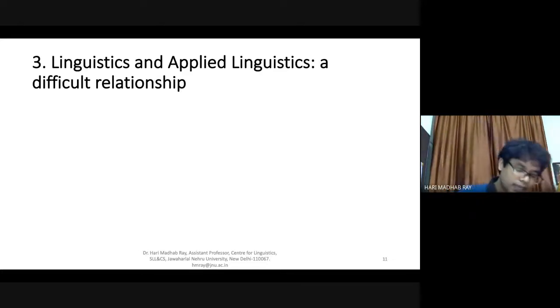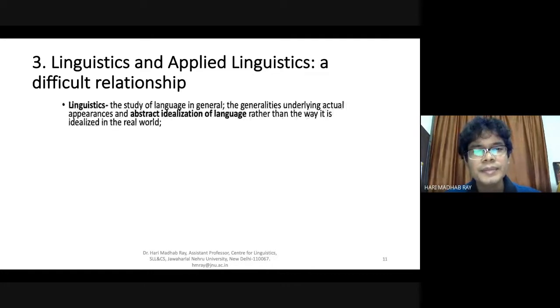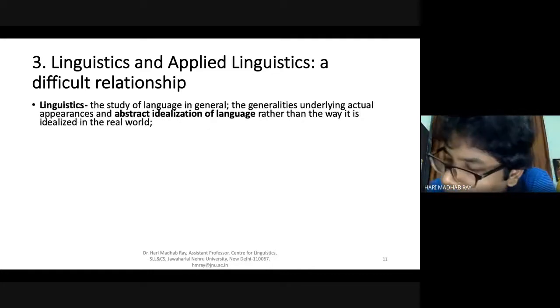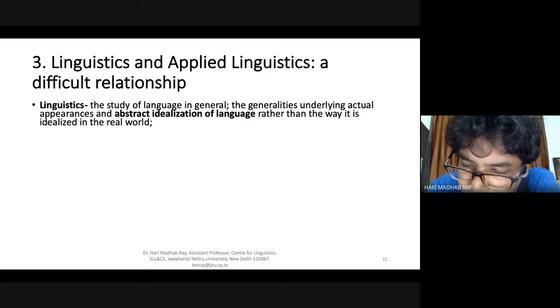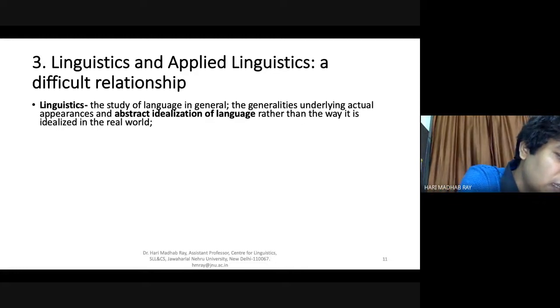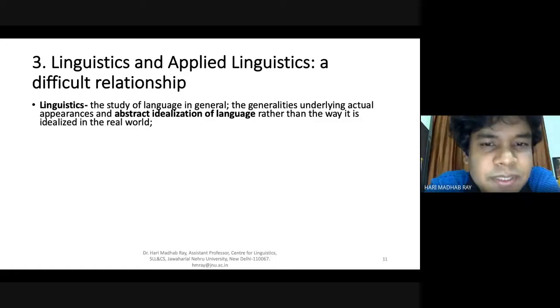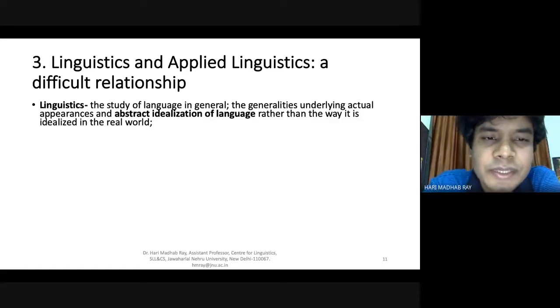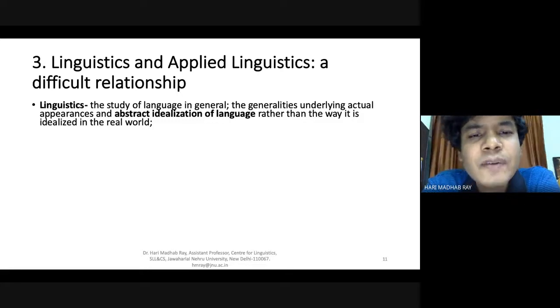Now, moving to the next topic, linguistics and applied linguistics and their relationship. I told you even in the first class that our understanding of linguistics is that it is the scientific study of language, or the scientific study of human language, or a study of language in general.